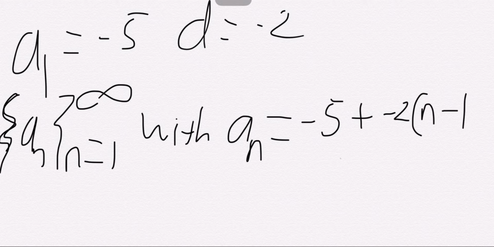So the index basically represents the nth term in the sequence. Let's say you want to find a sub 14.